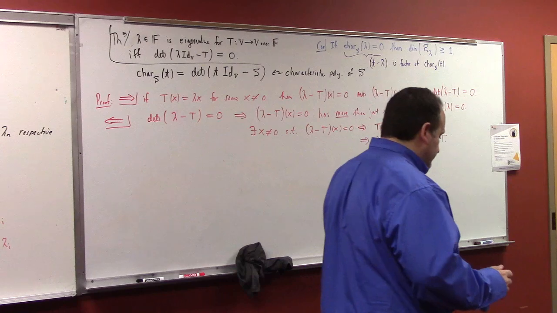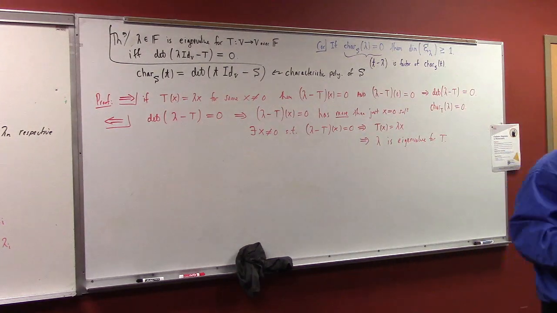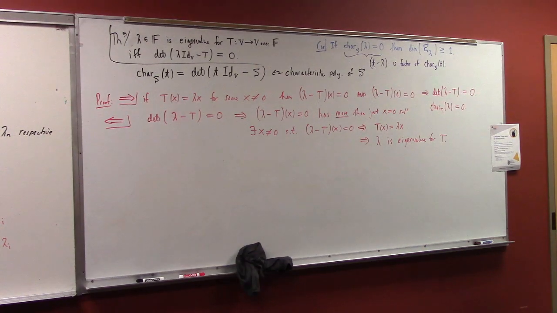So for a specific problem, the task of finding eigenvectors is pretty straightforward, right? You take the transformation, you're working with respect to some basis, you write down the characteristic equation, and you try to factor it. Then for each eigenvalue you get in the factorization, you try to find an eigenvector corresponding to that eigenvalue.